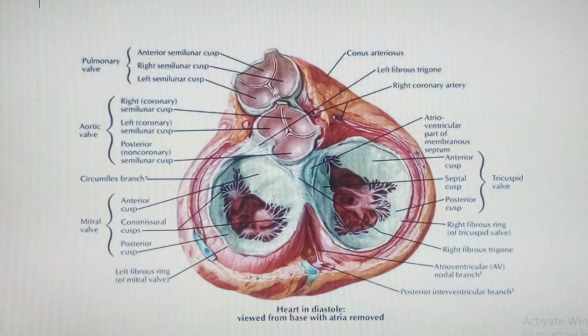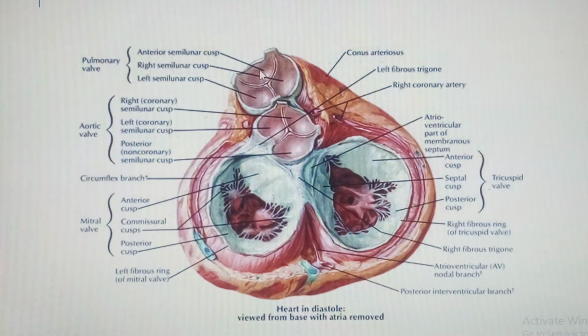This valve is semilunar because it has 3 cusps which look like half of a moon. Now, here we are viewing the heart from its base. So we are going to see, from the left part, the left cusp of the semilunar valve, then of course the right cusp, and somewhere between them, anteriorly, the anterior semilunar cusp.